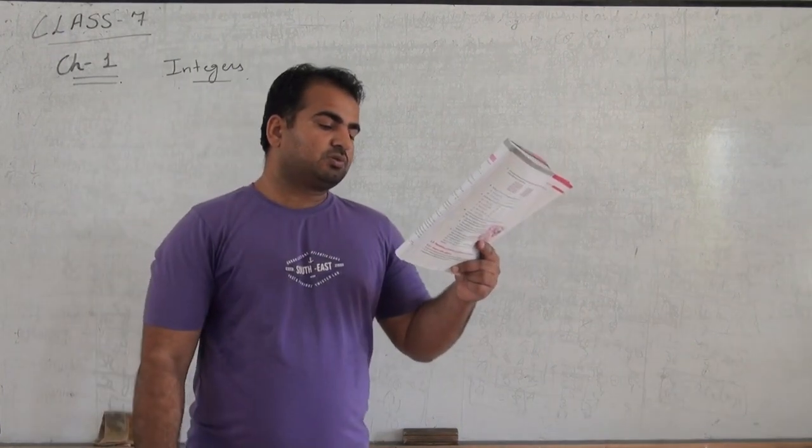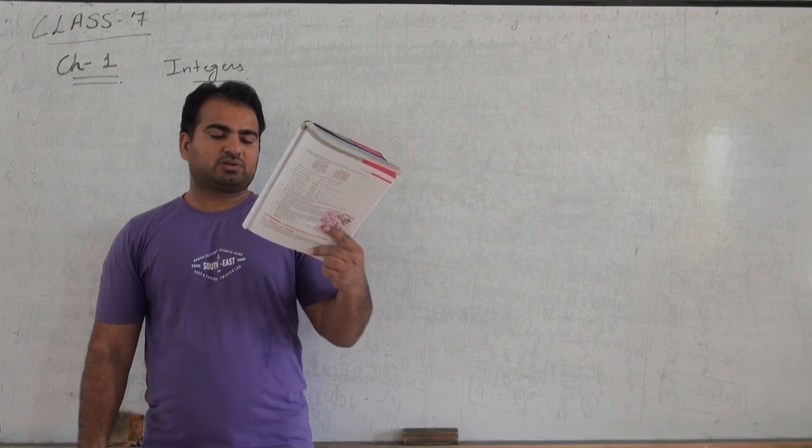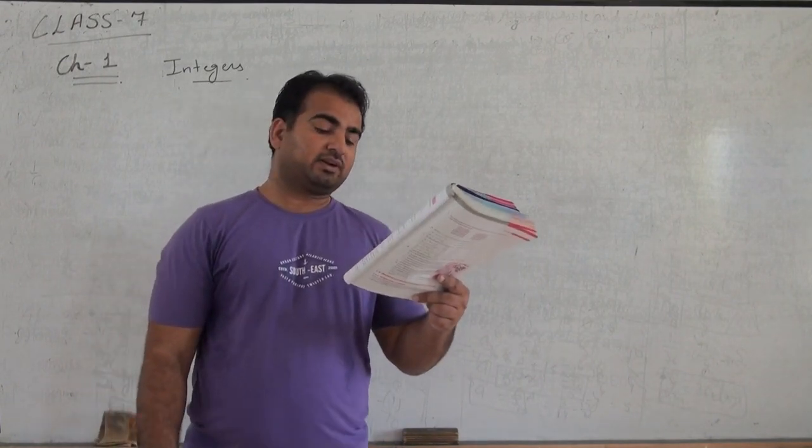Rita goes 20 km towards east from a point A to the point B. Okay, where is she going?